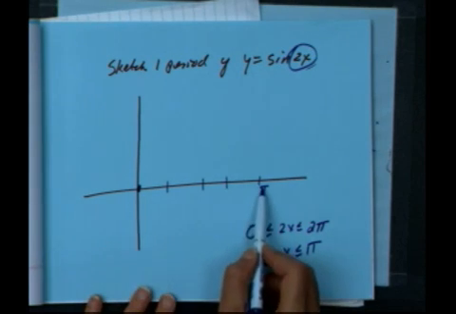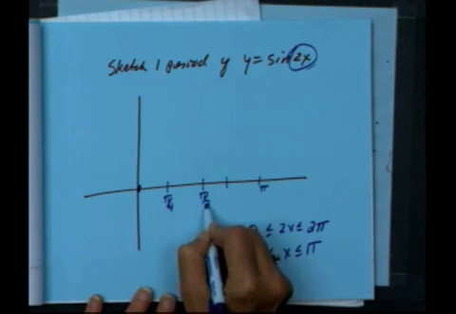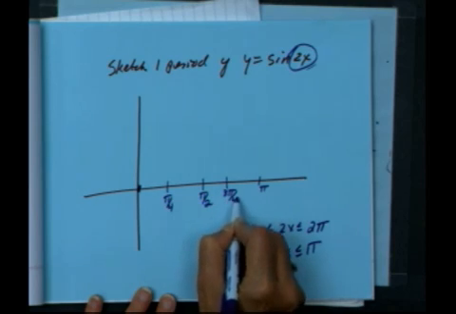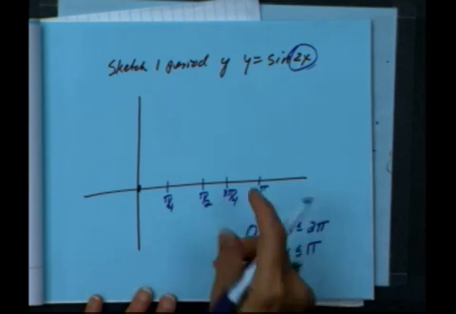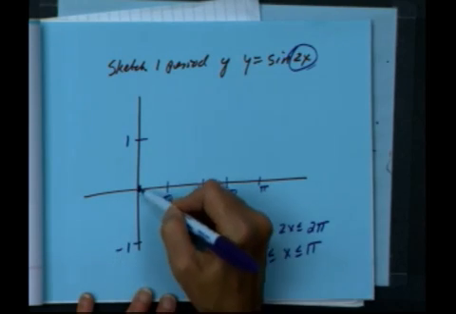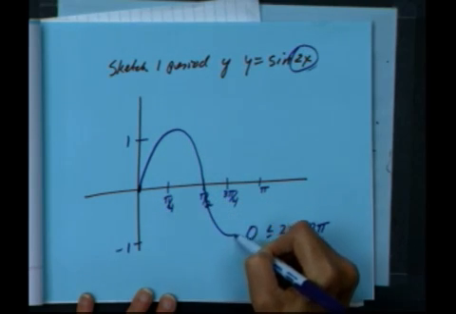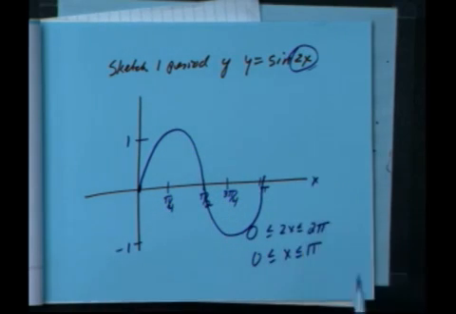So if I divide this pi up, this is going to be pi over 4, pi over 2, 3 pi over 4, just fourths in here. And then we know the amplitude is 1, so we just go like this. Whoops, something like that. And we've got the graph of the curve pretty quickly.